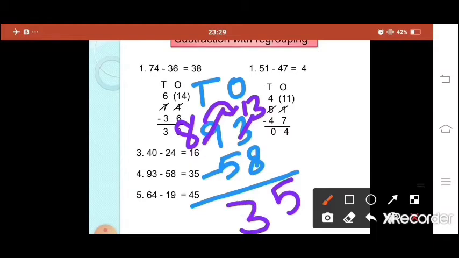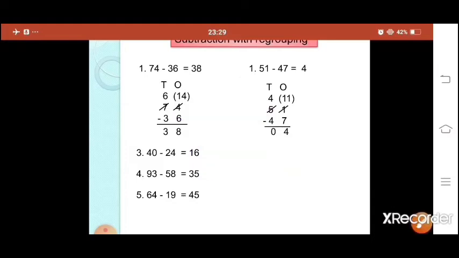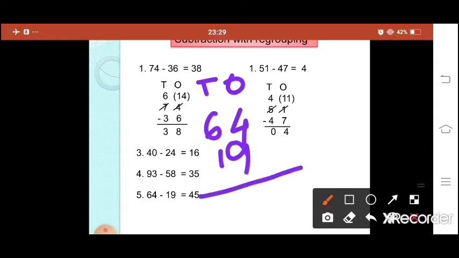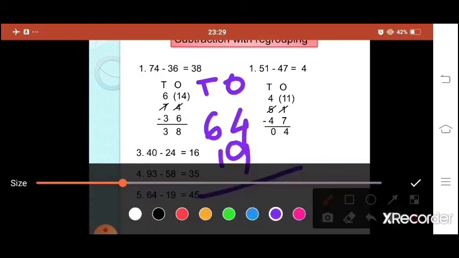Okay, so I hope you have understood. So the last one I am doing, the remaining you have to do. Okay, so next one is 64 minus 19. So here 9 is greater than 4. So the same process we will apply here.